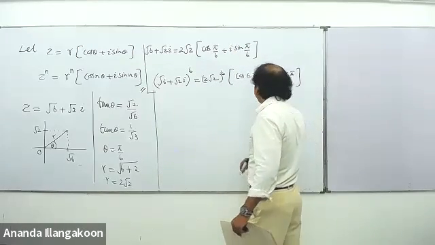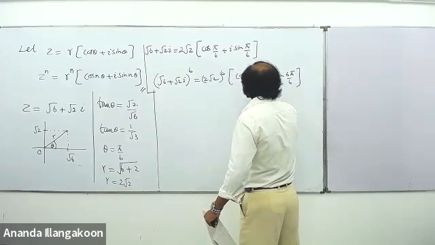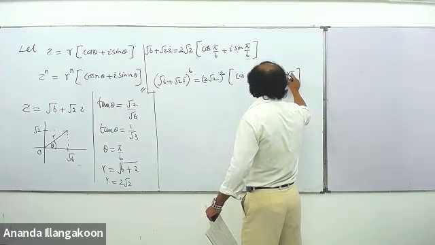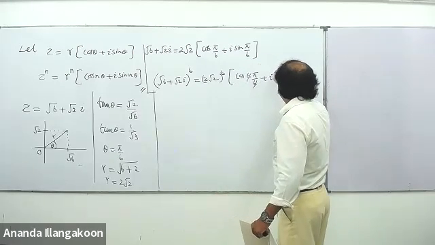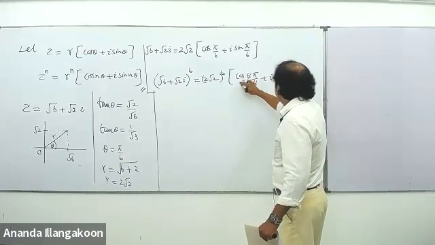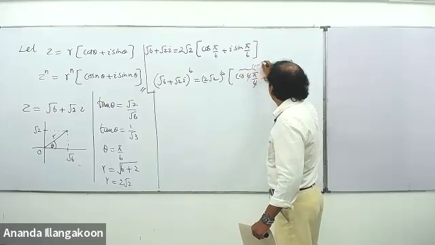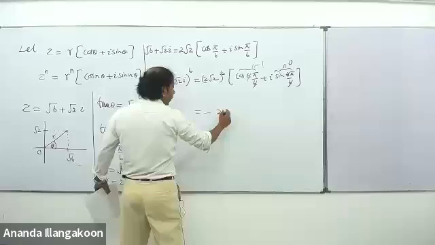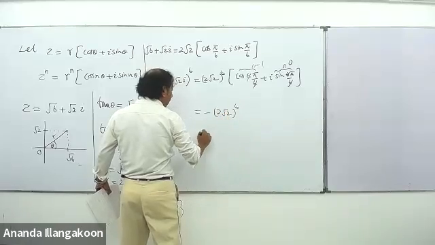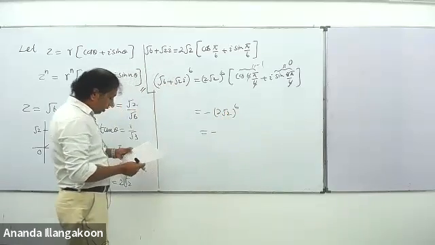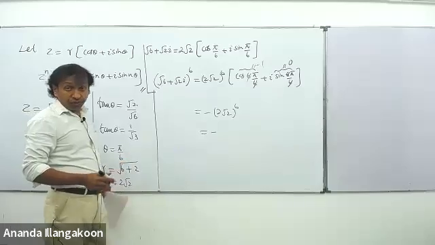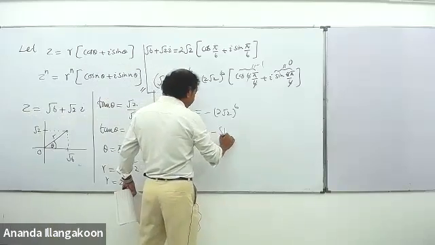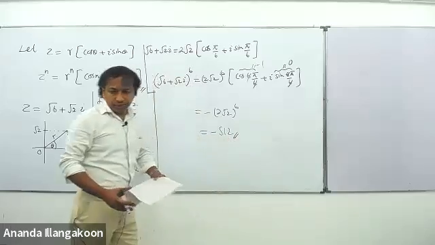Sin pi is 0, cos pi is minus 1. Then we get minus 2 root 2 to the power 6. This will give us the answer, minus 512.